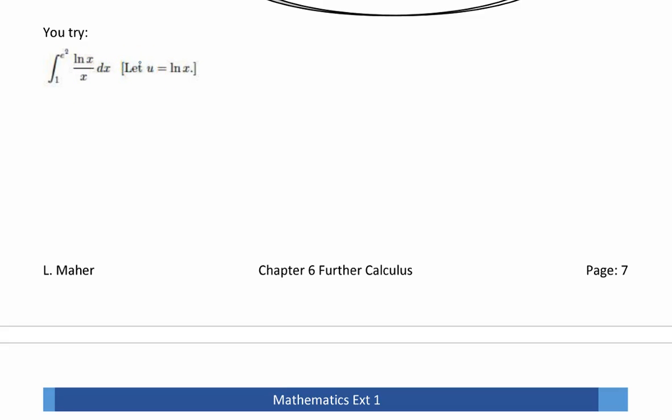Now you can see that it's a definite integral, so we'll get to practice changing our limits again and just looking at something a little bit different. So if u is equal to log of x, and we're wanting a dx, if we consider du dx, differentiate this function u with respect to x, we get 1 on x.